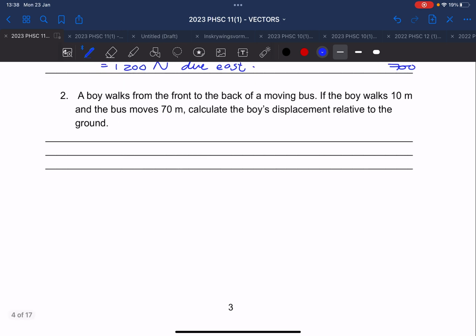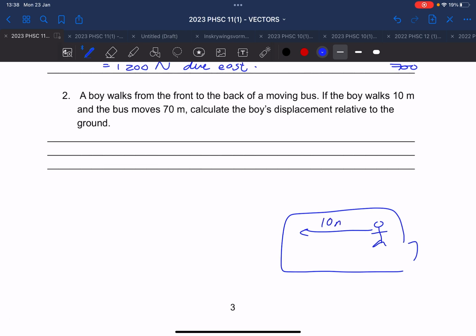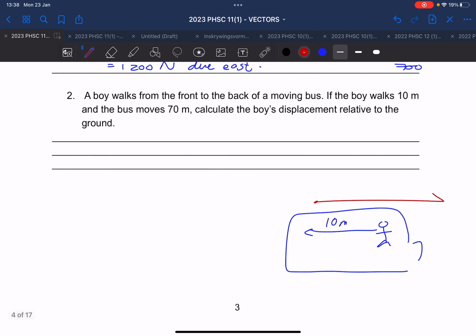Okay, then a boy walks from the front to the back of a moving bus. So there's my bus, and the boy walks from the front to the back, and he walks 10 meters, and that happens while the bus is moving 70 meters. And they ask what is the resultant displacement relative to the ground. Now, because they're in opposite directions, we're going to subtract them.